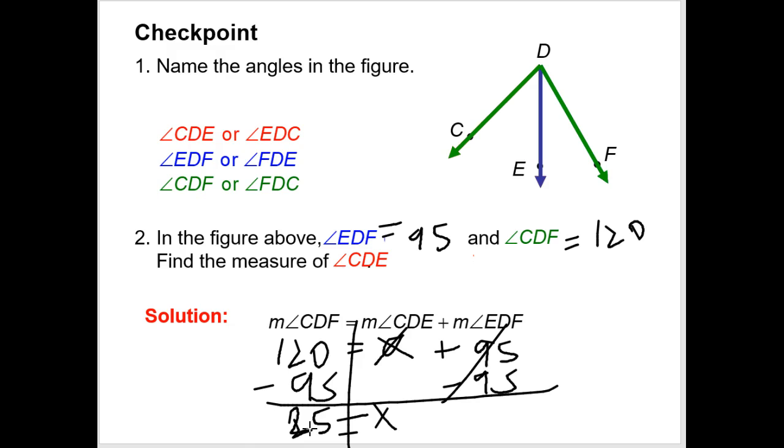However, let's just double check ourselves. 95 plus 25. 5 and 5, 0, boom, 120. So there, I've checked my work.